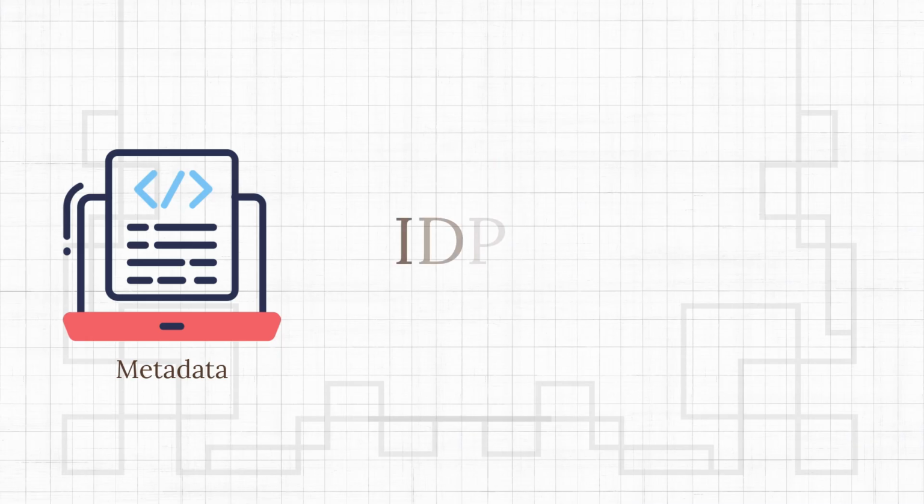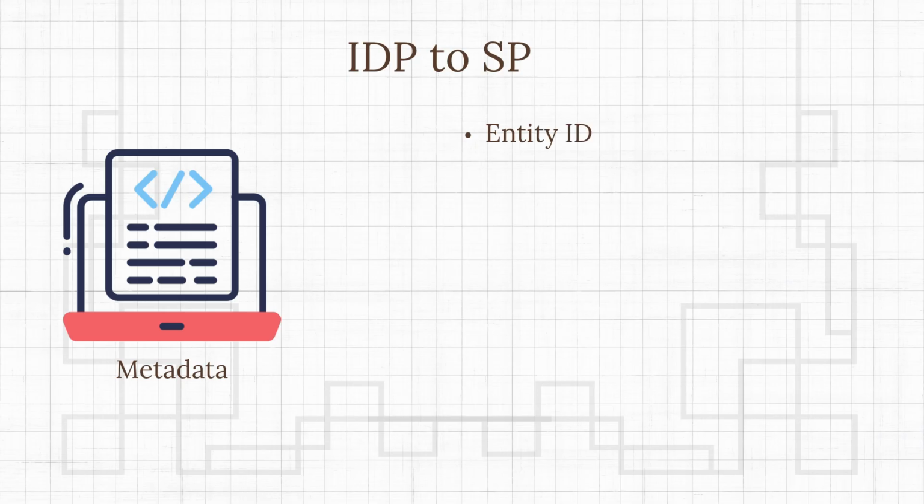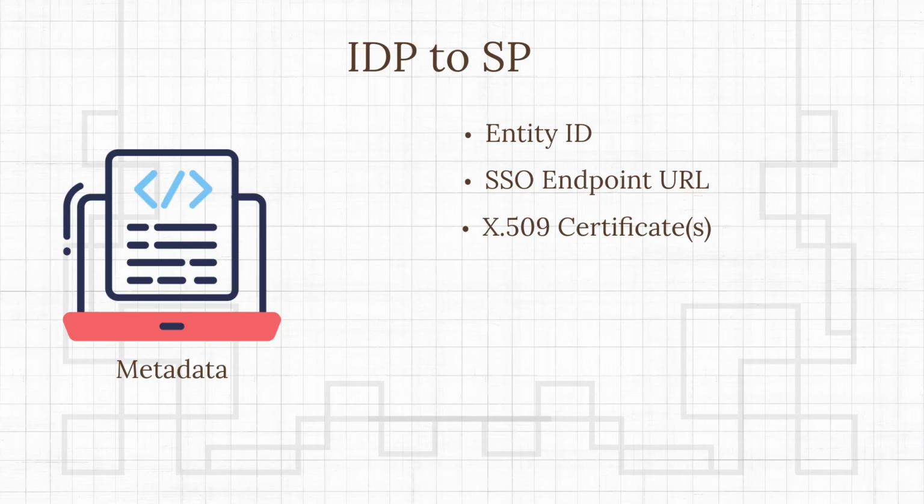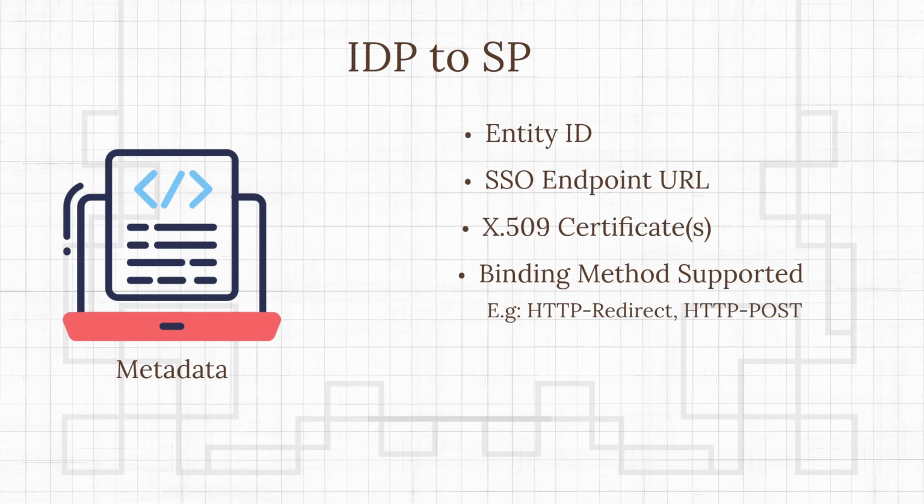The data shared from IDP to SP is: the entity ID, the unique identifier for the IDP; the SSO endpoint URL, the endpoint where the SP redirects users for authentication; the X.509 certificate, the public key used to verify the digital signature from the IDP; and the binding methods supported, for example HTTP redirect and HTTP post.